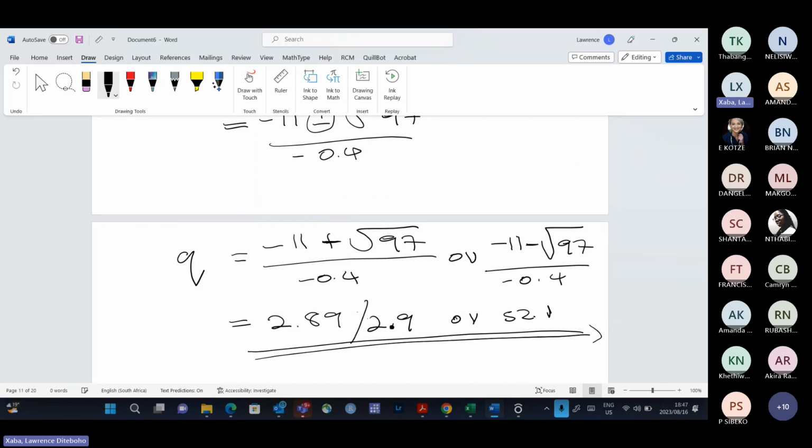So these are the two values of our X. Not X, Q. So from here, you must be able to sketch our graph, because now we have the information that we need.